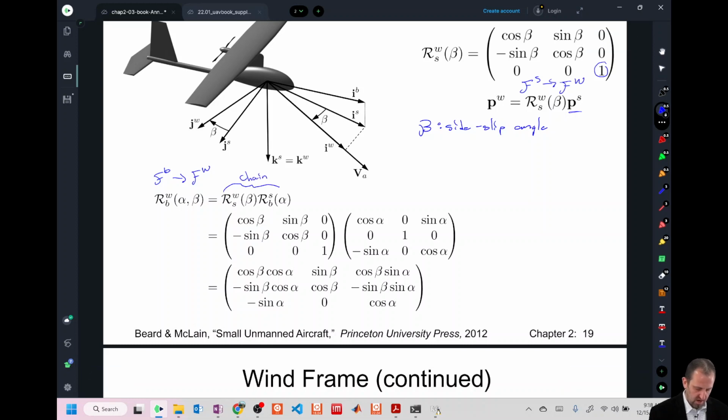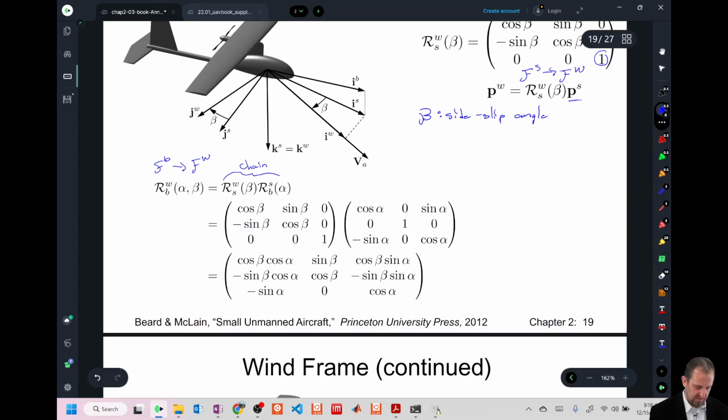We have R sub S superscript W first, then R sub B superscript S second, multiply those together, and we end up getting this relationship. So we can define that transform in terms of our beta and alpha angles. Again, alpha is our angle of attack, related to our pitch. Beta is that side slip angle, which could be related a little bit to our yaw.